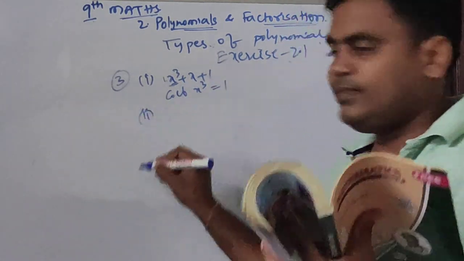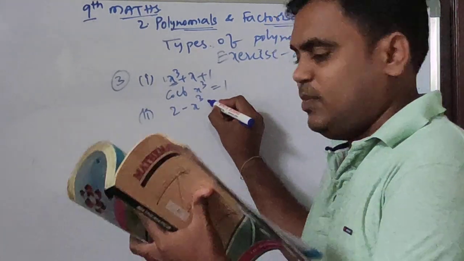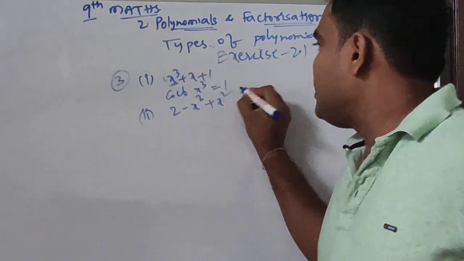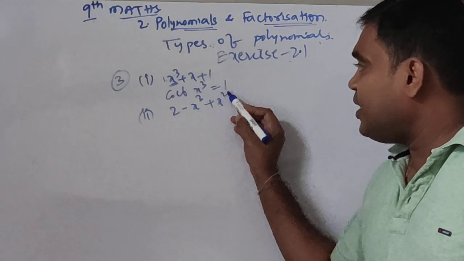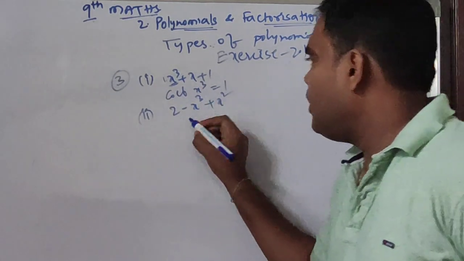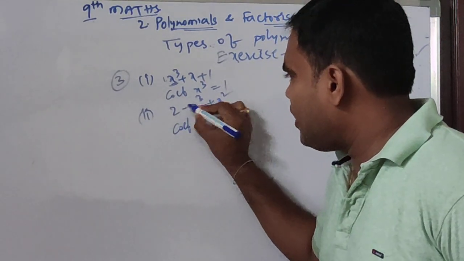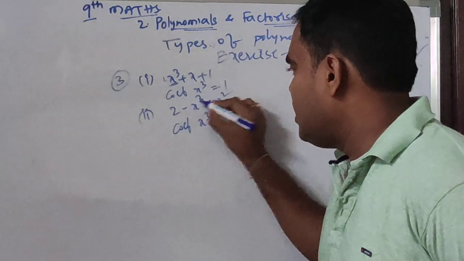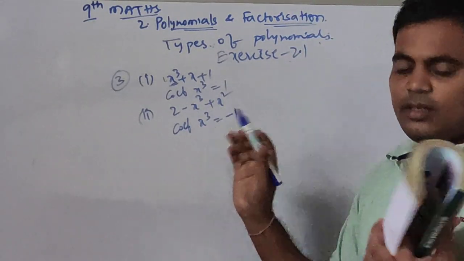Second, 2 minus x cube plus x square. It contains x cube, and before x cube it is minus, so minus 1 into x cube. The coefficient of x cube is minus 1.